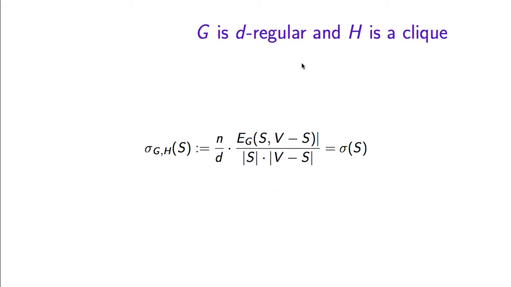If G is regular and H is a clique, then after looking at the normalization, what we're getting is just the quantity that we previously called the sparsity of S. Because if H is a clique, the number of edges with one endpoint in S and one endpoint in V minus S will be the product of the size of S and the size of V minus S.